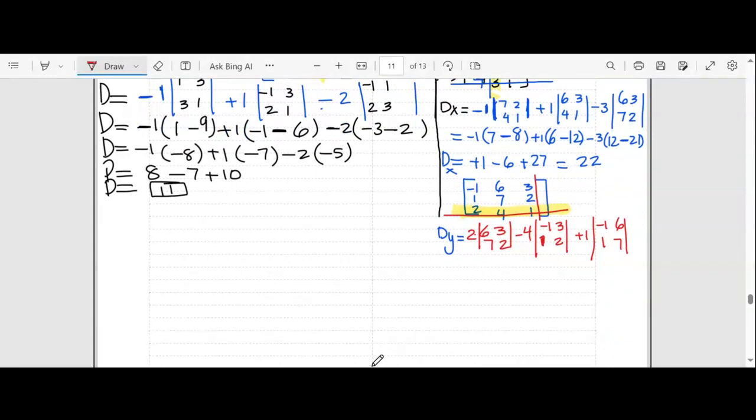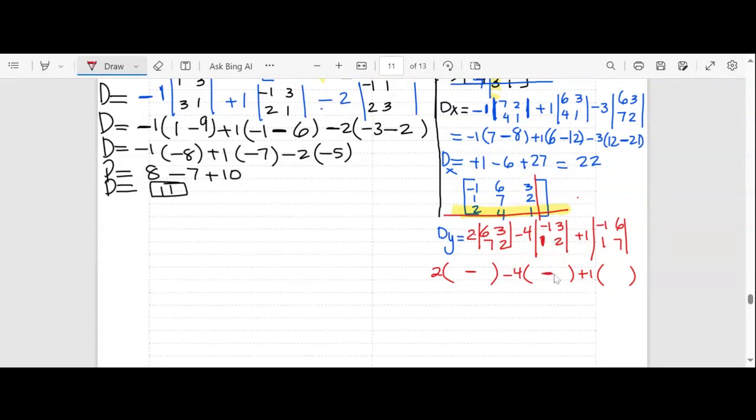So you're gonna get the values now, right? So it's gonna be 2, -4, +1.